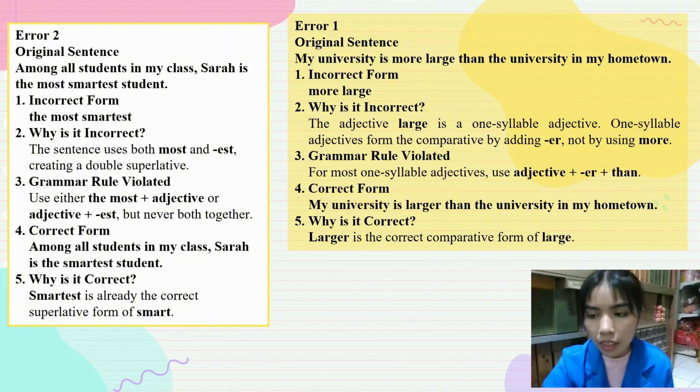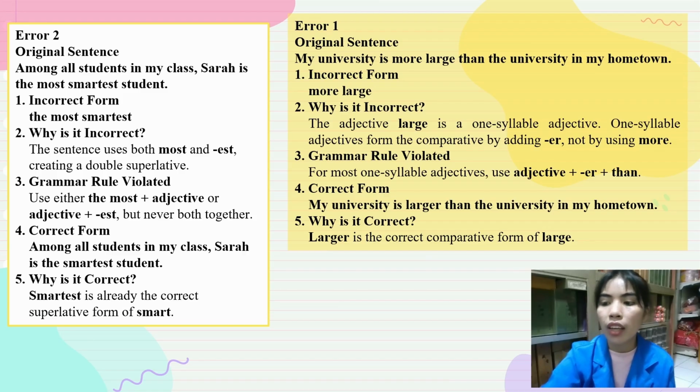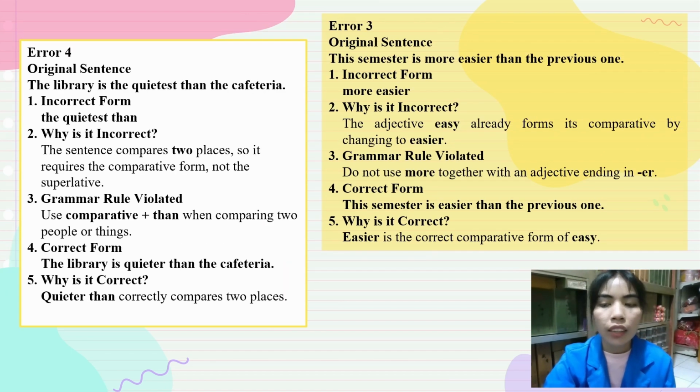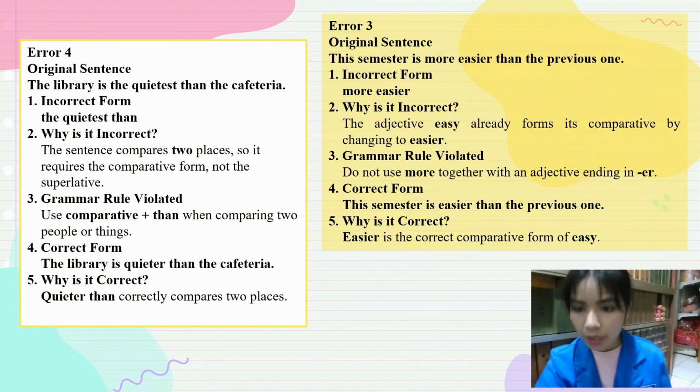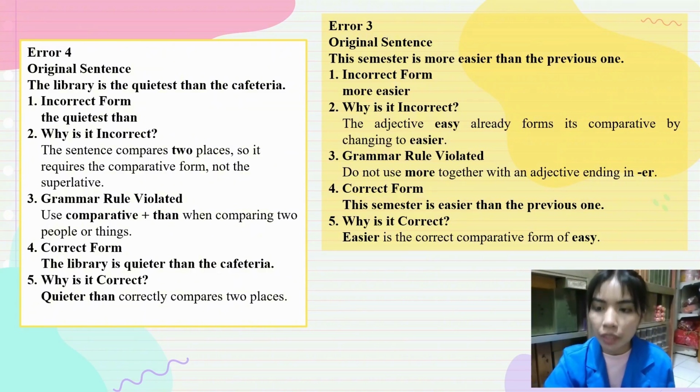In the second sentence, "the most smartest" is incorrect because it uses both most and -est. The correct form is the smartest. Okay, errors 3 and 4. In the third sentence, "more easier" is incorrect.